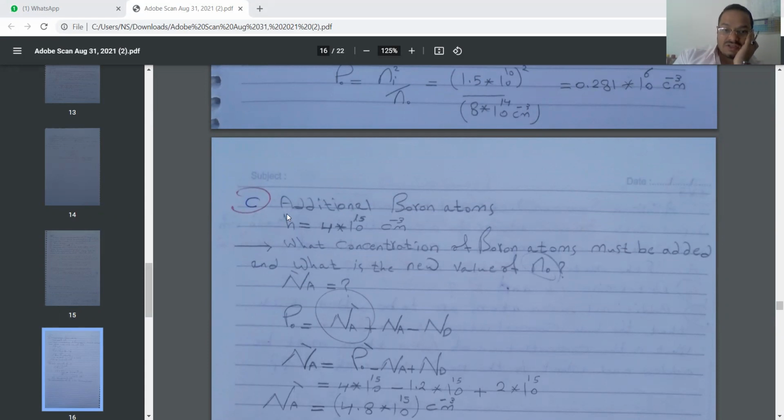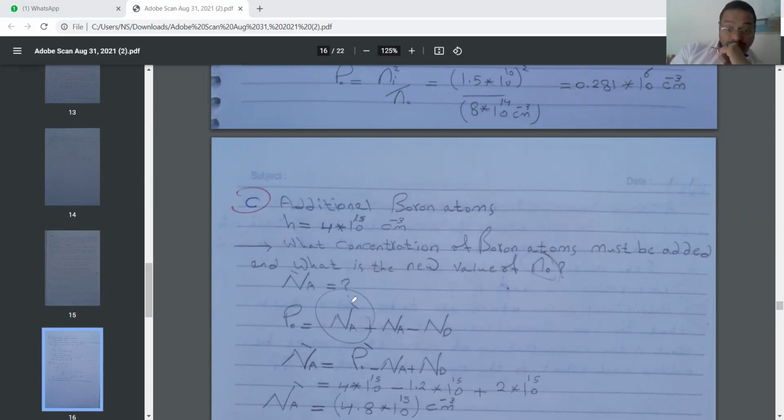We can write p naught dash, which means the new one. What concentration of boron atoms must be added, and what is the new electron concentration? Dash.